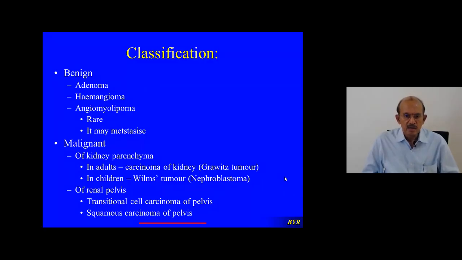The pelvis is lined by transitional cells. Then how do you expect squamous cell carcinoma to occur? Very good. It is due to metaplasia of the epithelium.